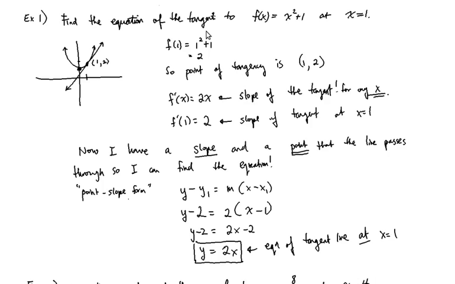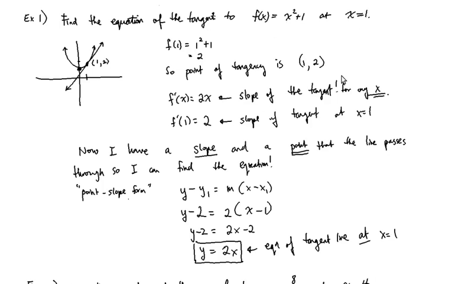The point of tangency is the easiest one to find because I know that the line will touch the graph at one point. And how do I find that one point? Since I'm given the x coordinate, I just need to find the y coordinate, and that's going to correspond to my original function. So I just plug that 1 in, I get 2 out, and that's my point of tangency. Next step is, how am I going to find the slope of the tangent?